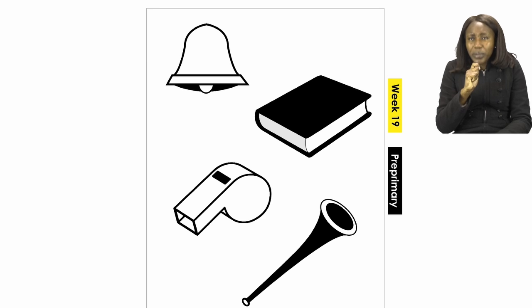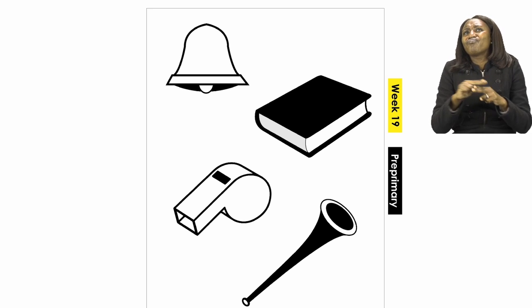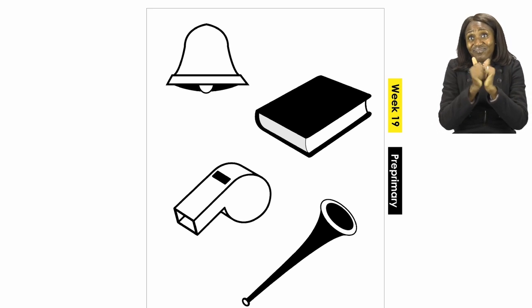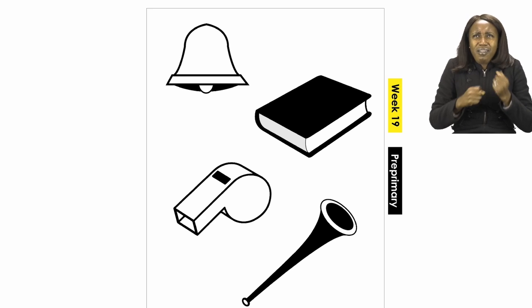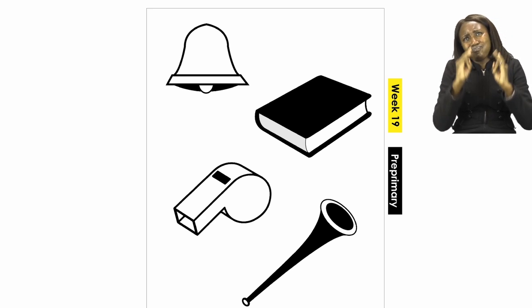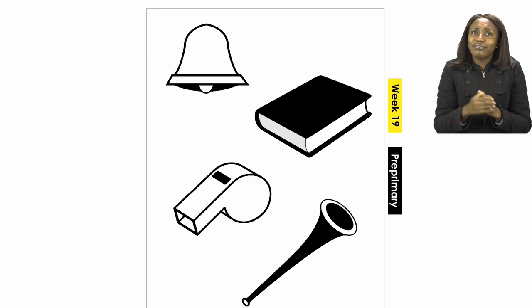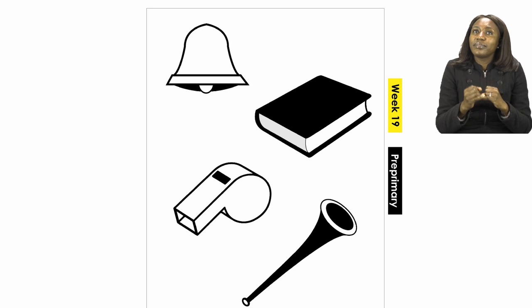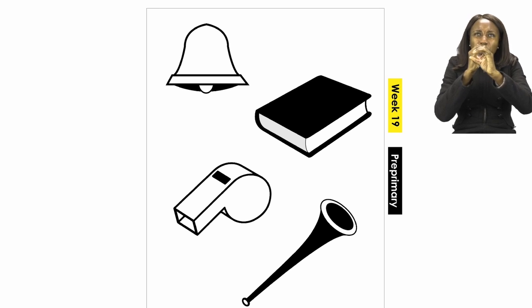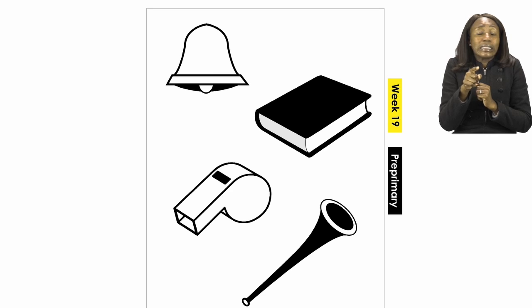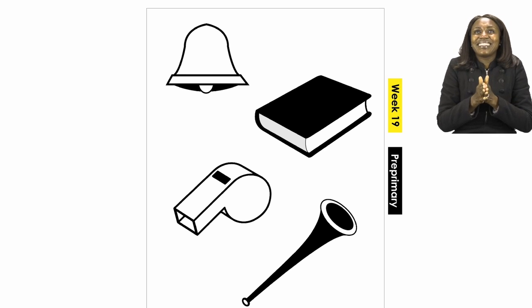Now this whistle is used especially when we are playing sports like running and jumping and soccer and netball. Then the last one we can see, some of you may know it, it is called a vuvuzela. Now this one, I'm telling you, is an exciting instrument, but unfortunately we don't have it here.